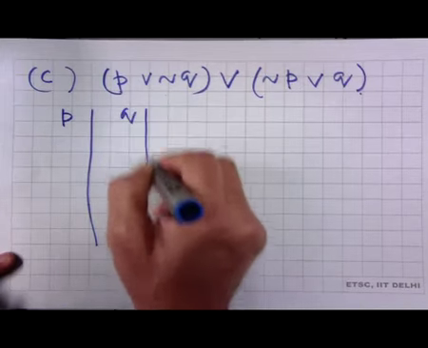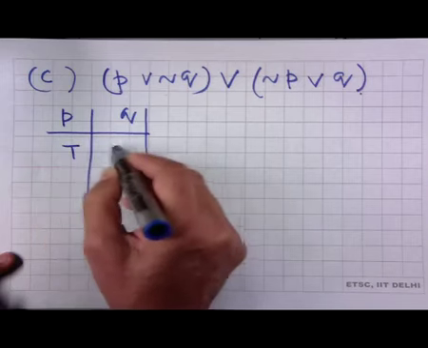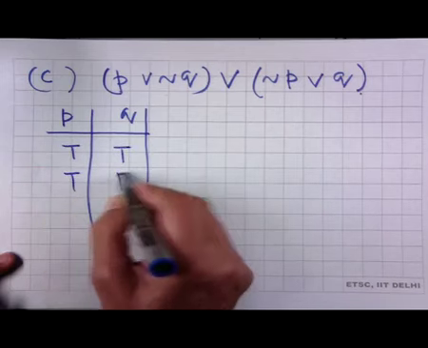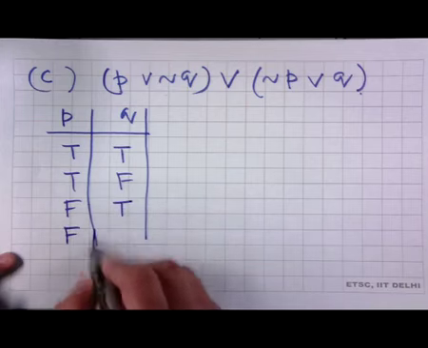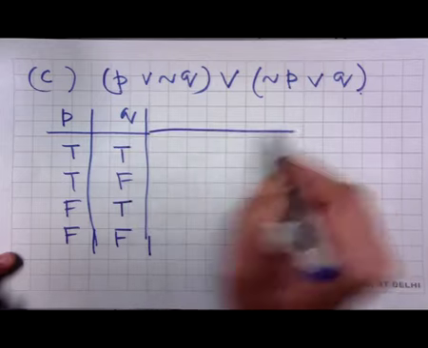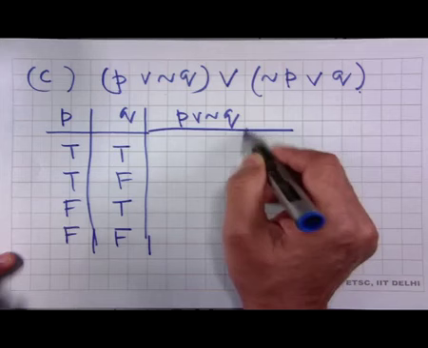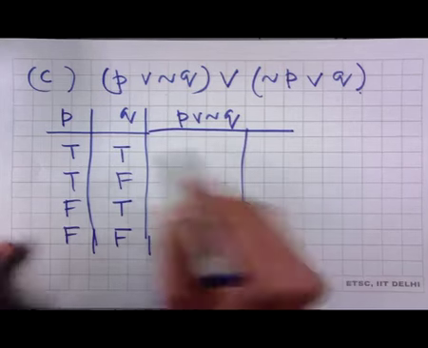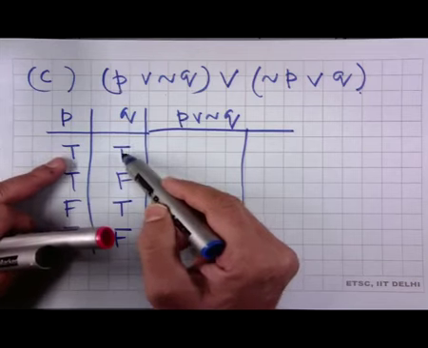P, Q, we have T T, T F, F T, F F. So, P or not Q. With respect to Q, we will take the opposite value of it.